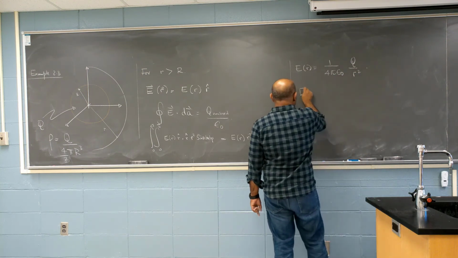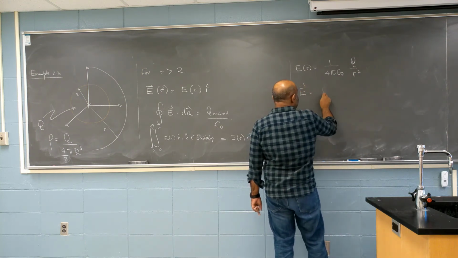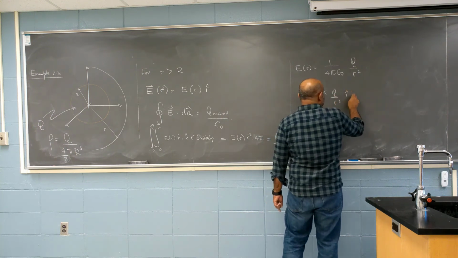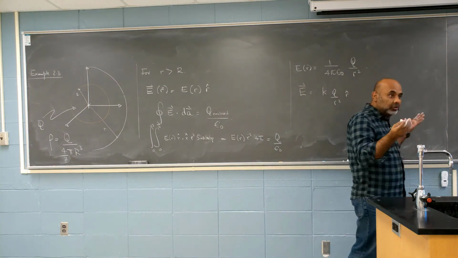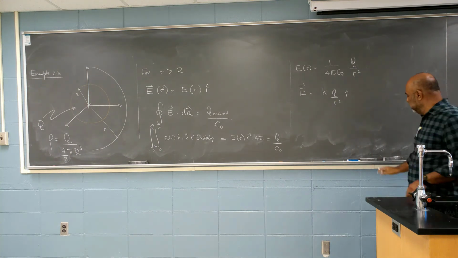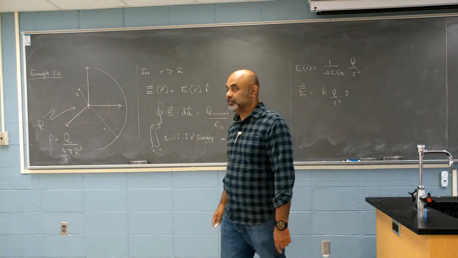Where we started out from, this is k Q over r squared, r hat. Well, we knew that all along. But now the point is, we can do the other case.